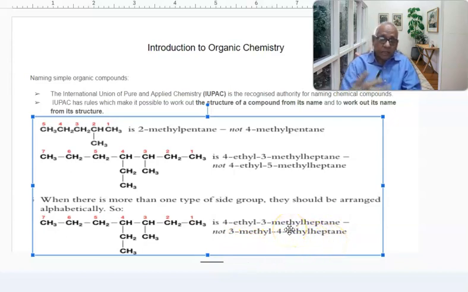So this is how we name it, but I have simply showed you how IUPAC named all the organic compounds. Not only organic compounds, IUPAC is responsible to name all chemical compounds, and we have to follow the rules of IUPAC to name them.